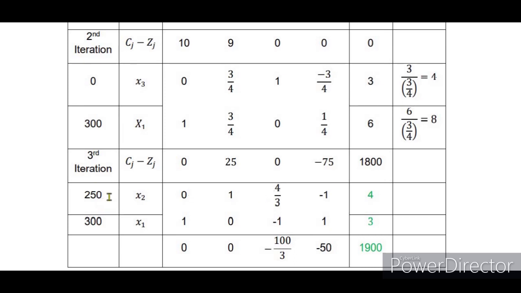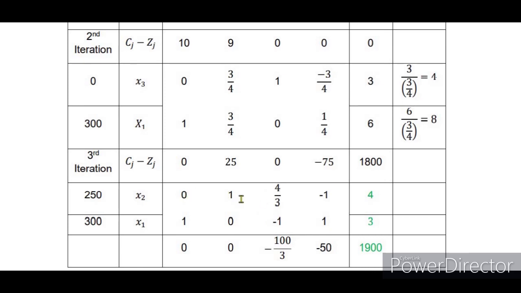Now, we will make an identity matrix between x sub 2 and x sub 1 because they are the variables that we are solving, or they are the variables that belong to x sub b. So, what number can we use to make an identity matrix between them? So it must be 3/4.